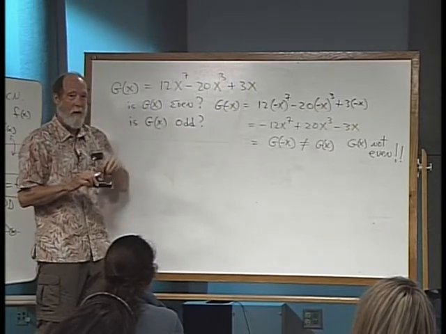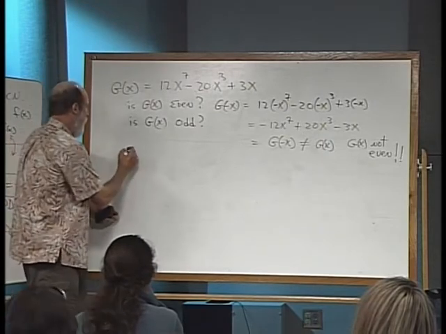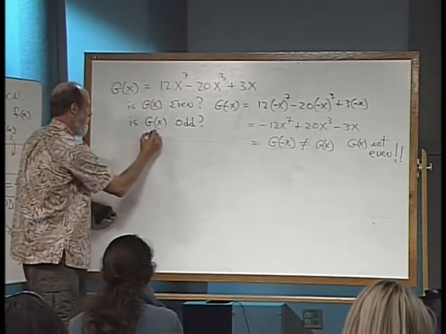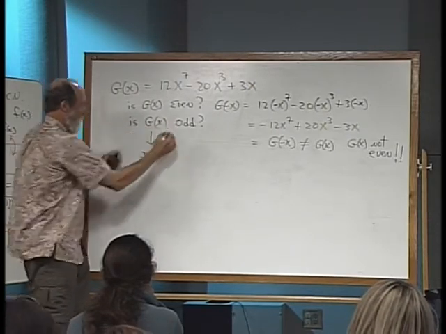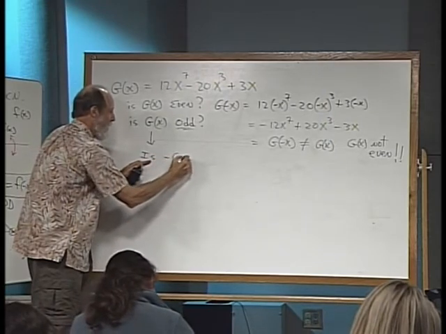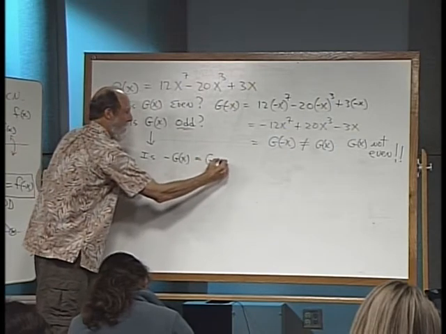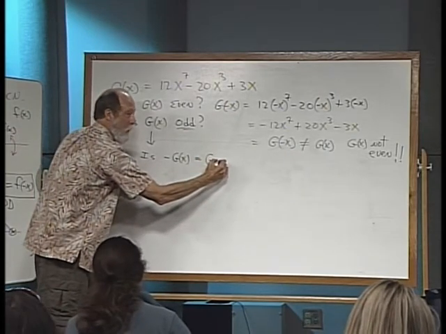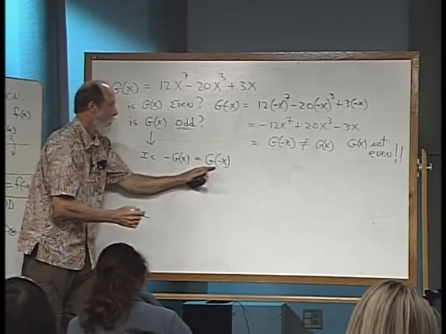We need that. And now, what I want to do is check and see, for the odd question right here now, is the opposite of g of x the same as g of negative x? Now, we already did this work.